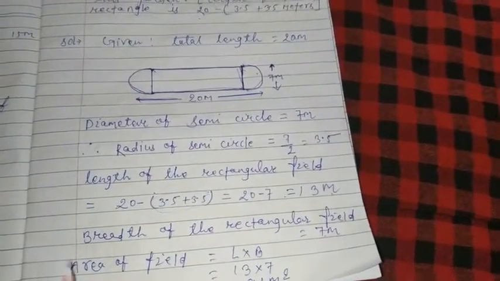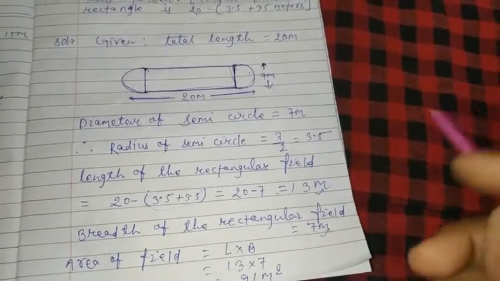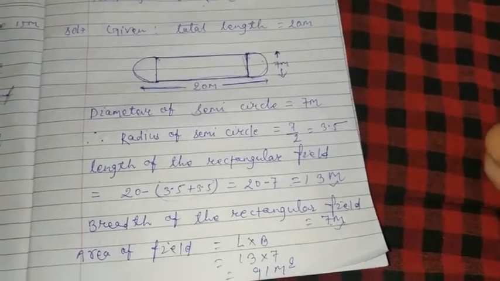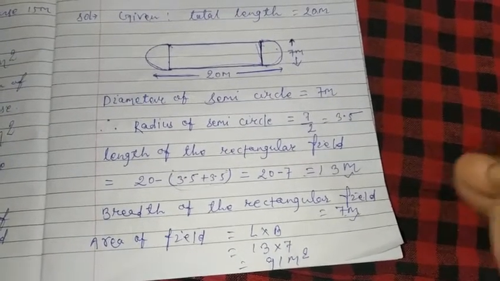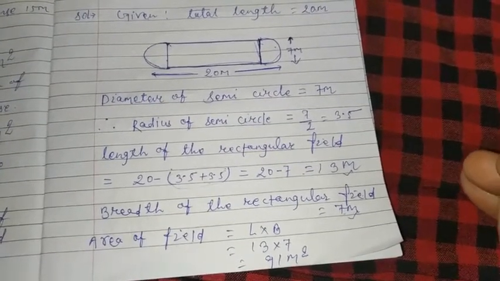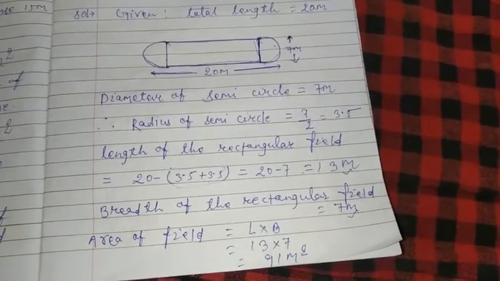Now we have found the length of the rectangle and also the breadth of the rectangle. And the question is asking what will be the area of the rectangle and the area of the semicircles altogether.